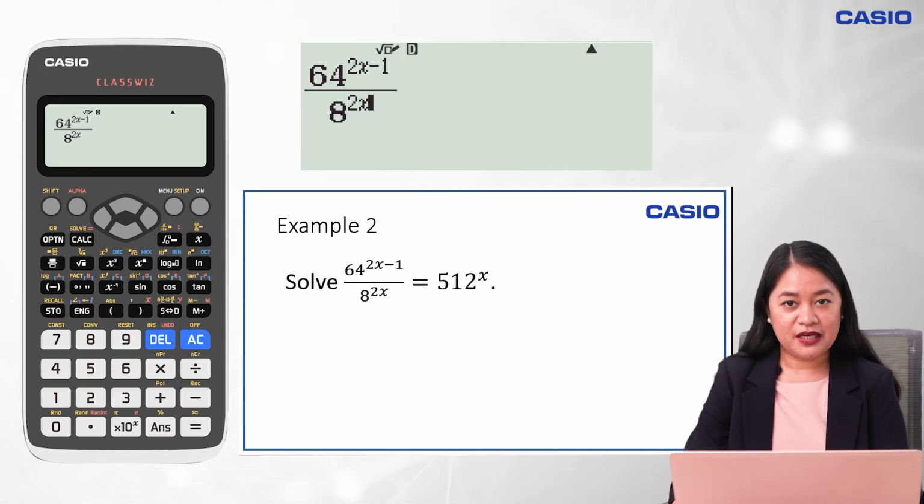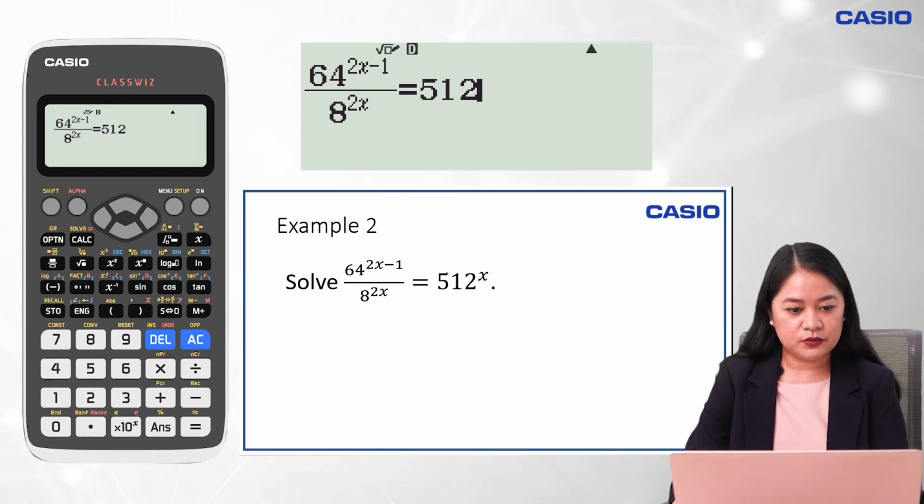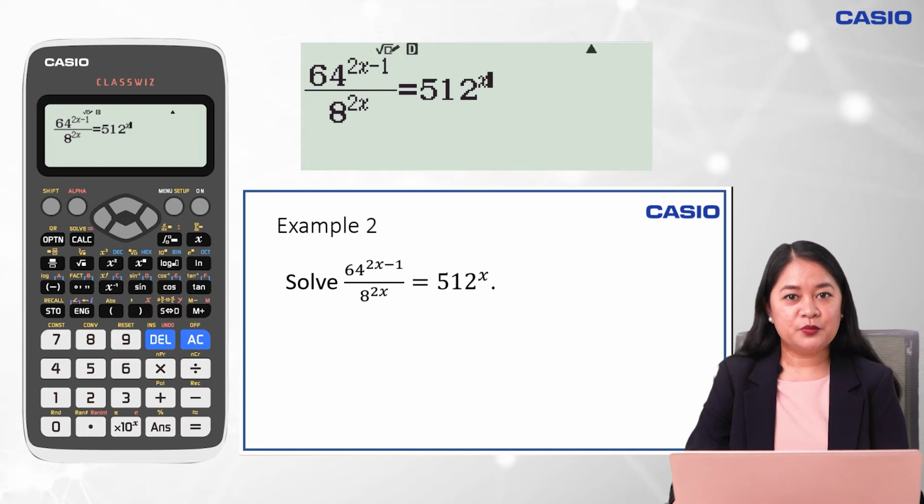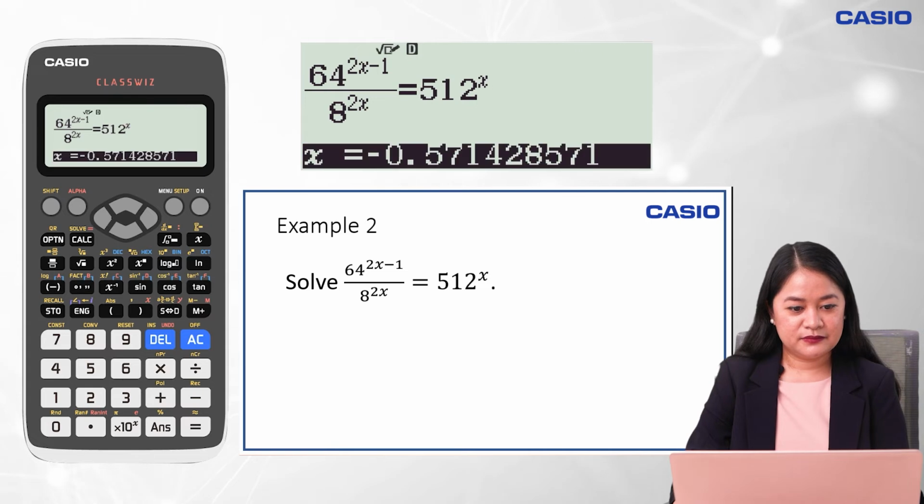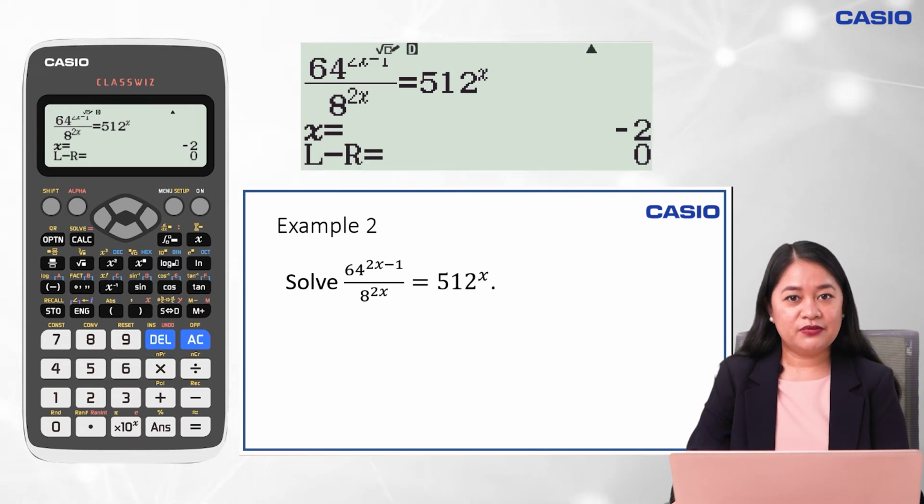And then we press again the right arrow key twice to input the equal sign. That is Alpha, Calc. Then we input 512 raised to, that is exponent, and then x. Then press Shift, Calc, and equal buttons. So the value of x is negative 2.